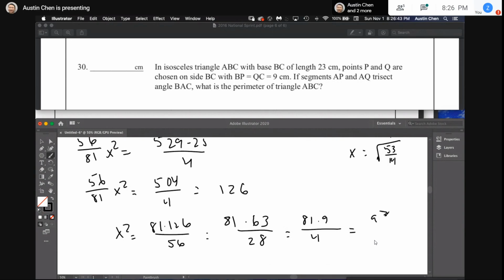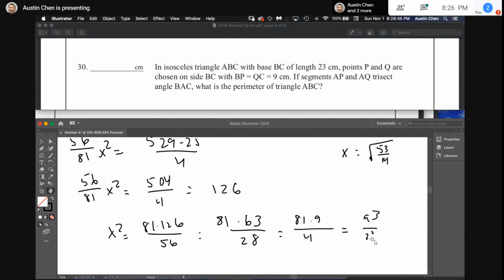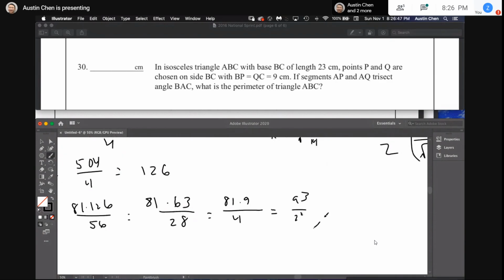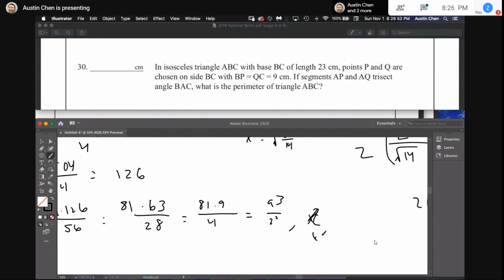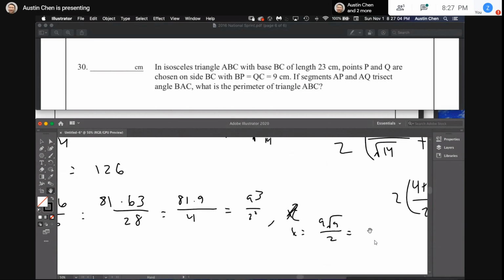So then we have 9 cubed over 2 squared. So then x will equal 9 root 9 over 2. Oh, okay, that's actually good. This is probably right, because root 9 is just an integer, right? So that's nice. So then we have 27 halves.